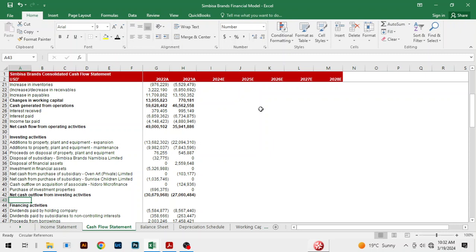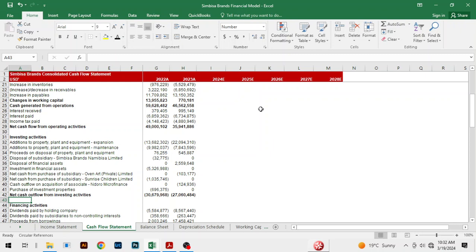So a higher rate of capex investment may mean that the company will continue to grow in future, or will continue also to create value for the shareholders in future. And then we've got purchase of property, plant, and equipment to maintain operations.